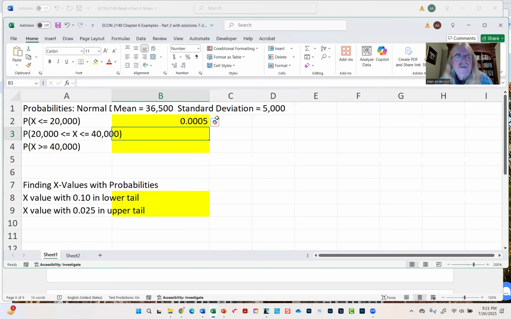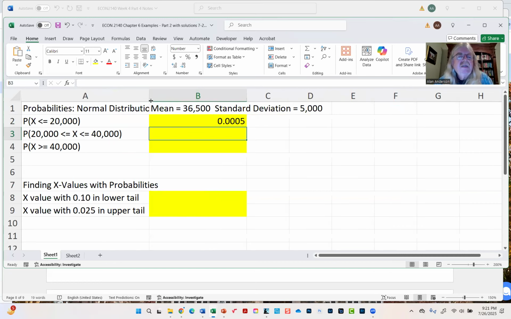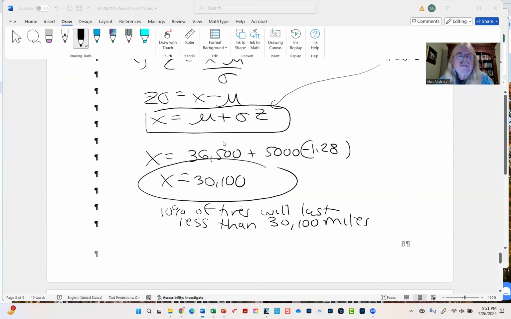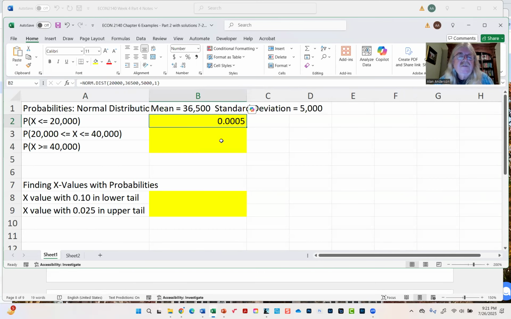Okay, and then there we go. Now that's 0.0005. Yeah, that's because that's quite a few standard deviations. That's more than 3 standard deviations below the mean. And that's a very, very rare occurrence.